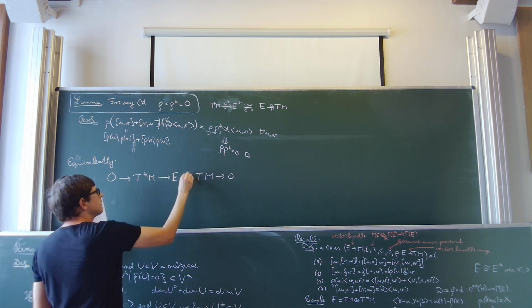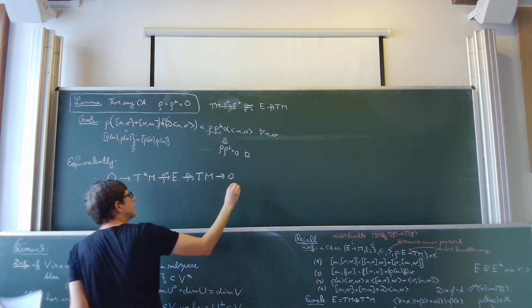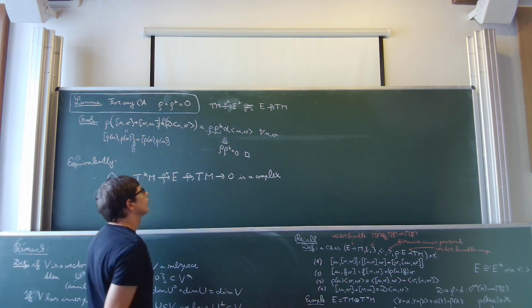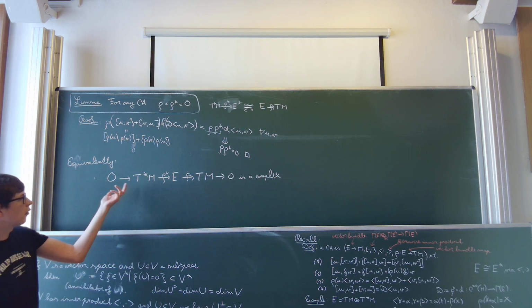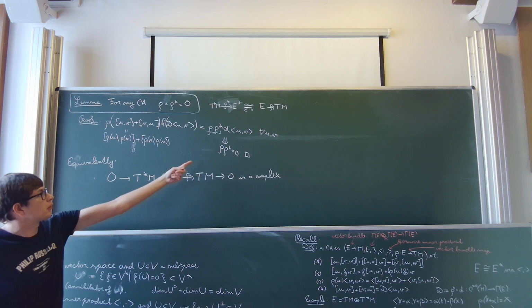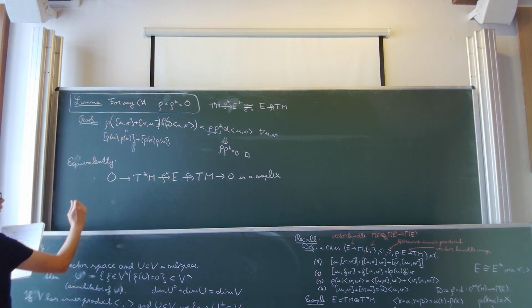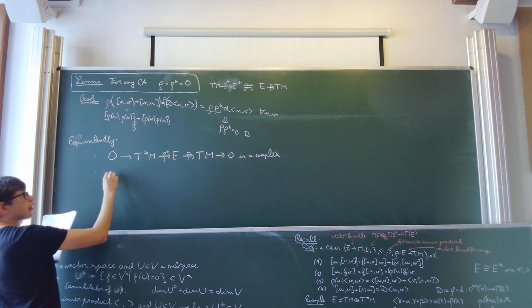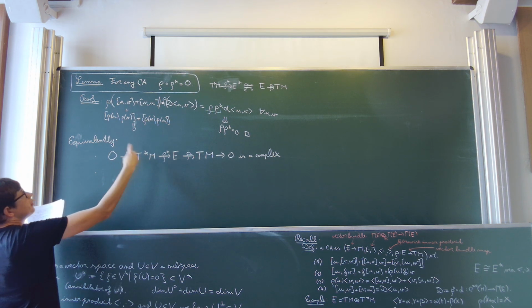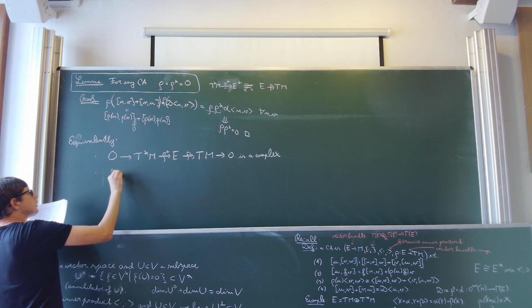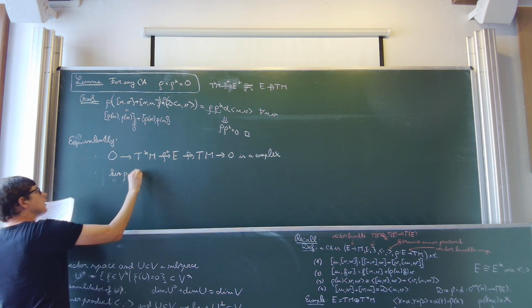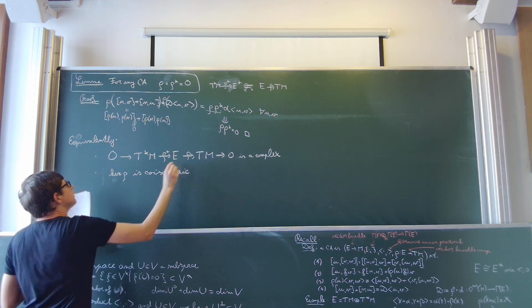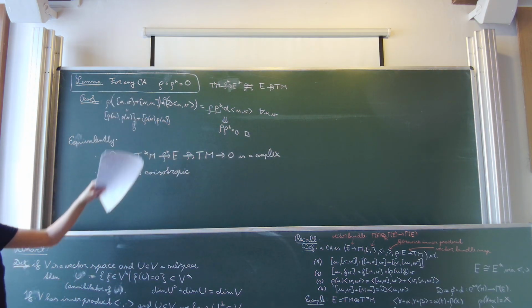This thing with row and row star is a complex, because the condition for being a complex here just boils down to that one statement. Second, which is also equivalent to the whole thing, says that the kernel of the anchor map is coisotropic.